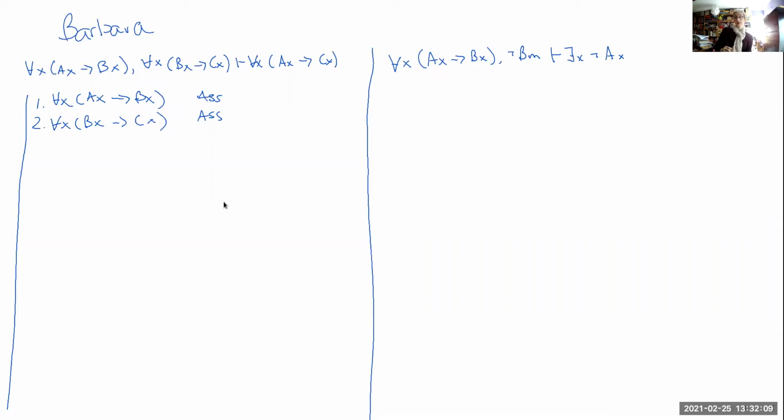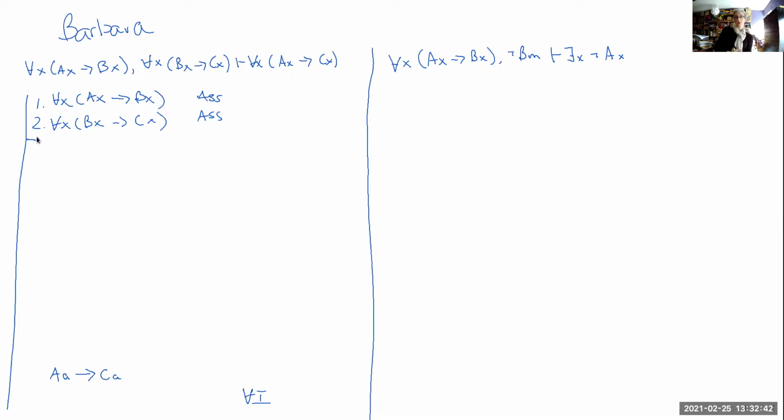Now, let's look at what we want to prove. We want to prove something with a universal as the main connective. So we're going to have to use universal introduction somewhere down here. Maybe not that far down, who knows. In order to do universal introduction, we would need to have something of the form Aa implies Ca, where a does not occur in any assumption that this line depends on.